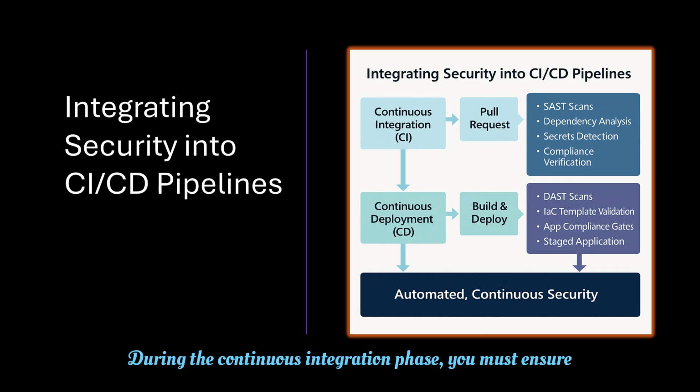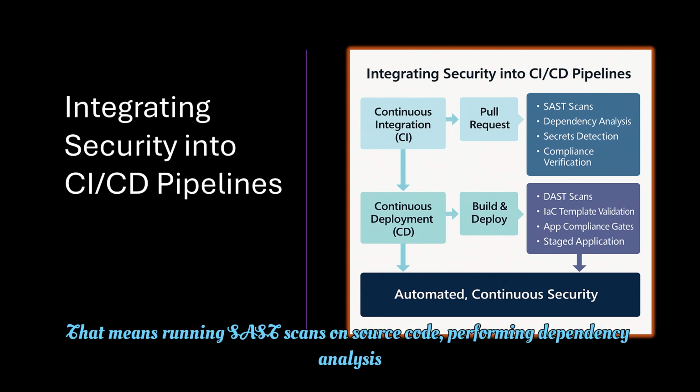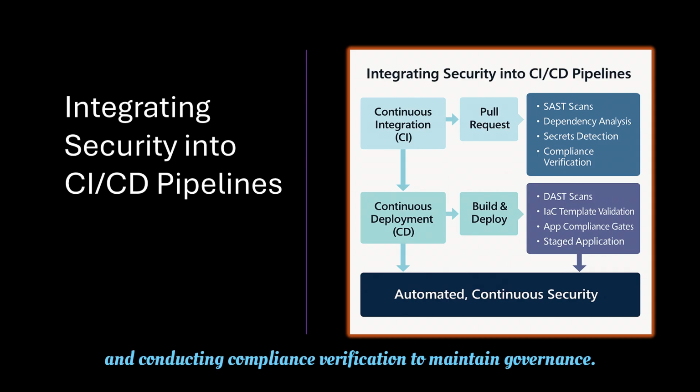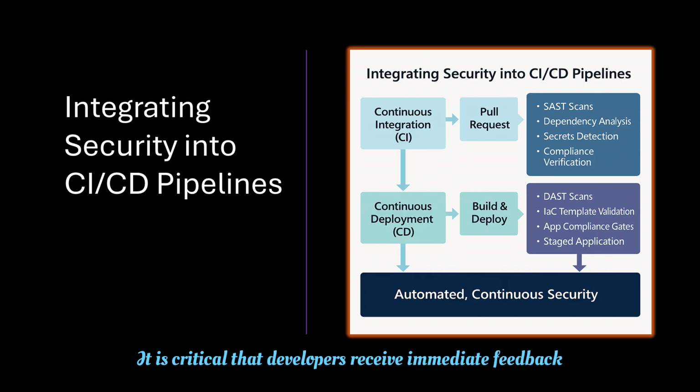During the continuous integration phase, you must ensure that every pull request automatically triggers security checks. That means running SAST scans on source code, performing dependency analysis to catch vulnerabilities in third-party libraries, enforcing secrets detection to prevent credential exposure, and conducting compliance verification to maintain governance. It is critical that developers receive immediate feedback while their changes are still fresh in their minds, enabling them to correct issues quickly and efficiently.